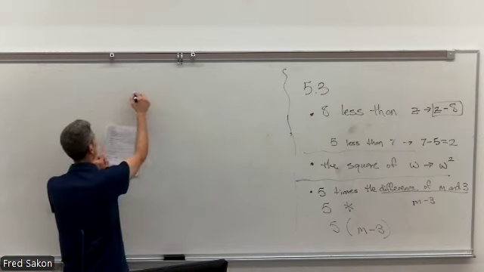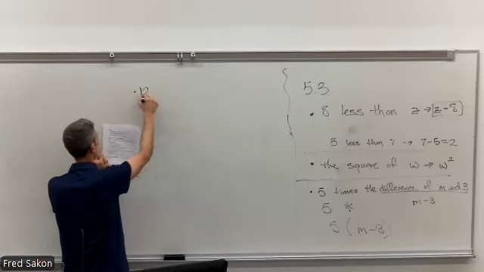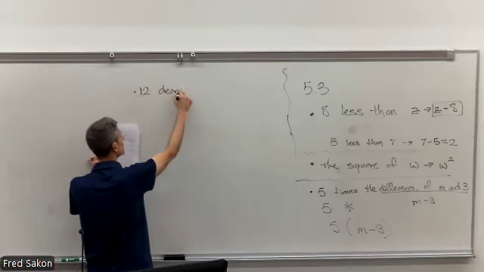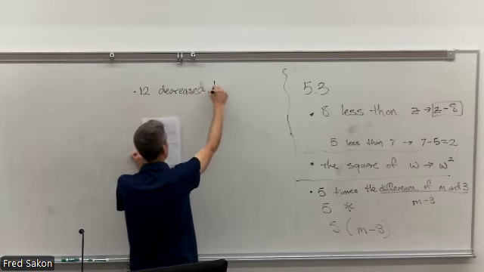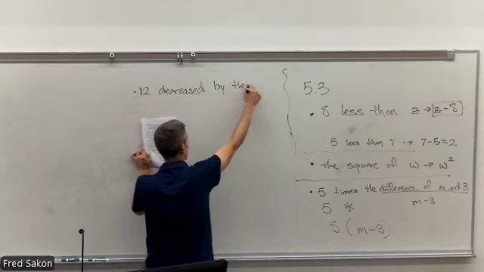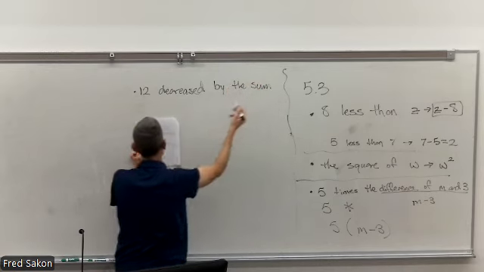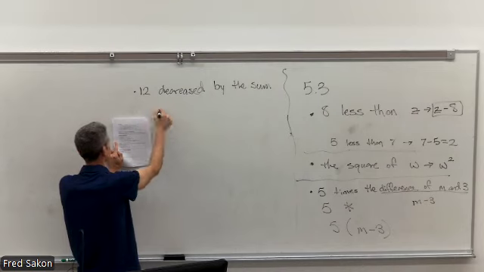Try this example. 12 decreased by the sum of 9 and z.